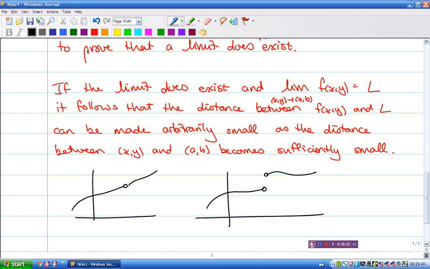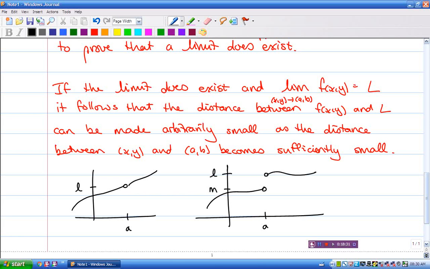In both cases the actual function value does not. Okay, let me call that A, let me call that L, and then let me call these L and M. Okay, in the left-hand picture, as x tends to A, our function tends to L.